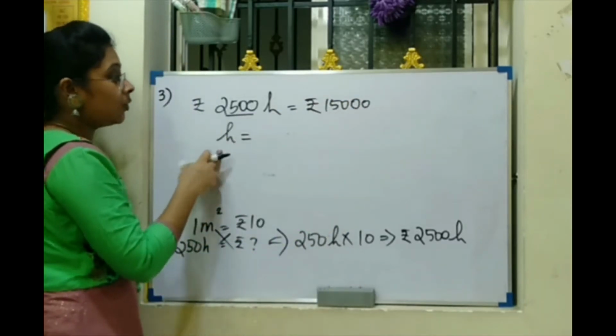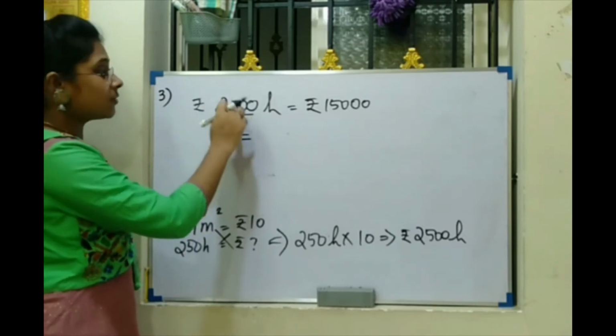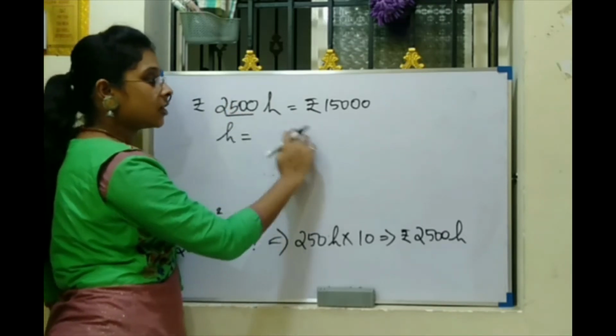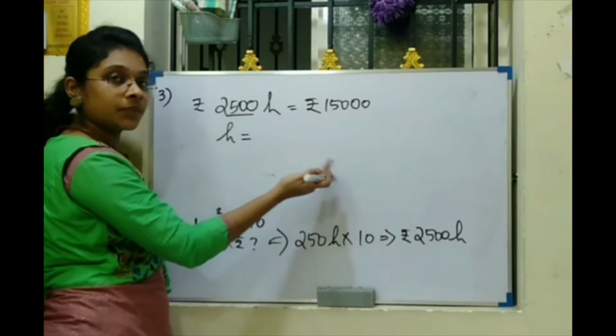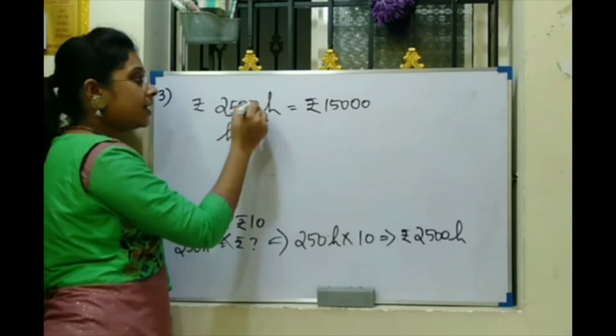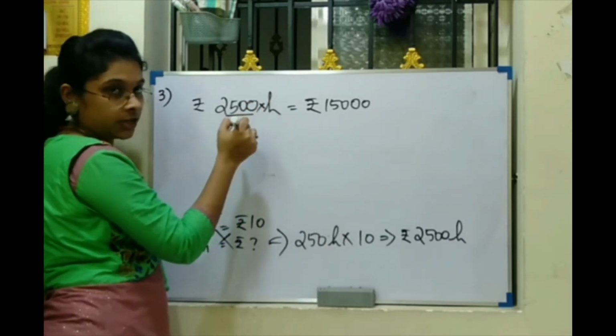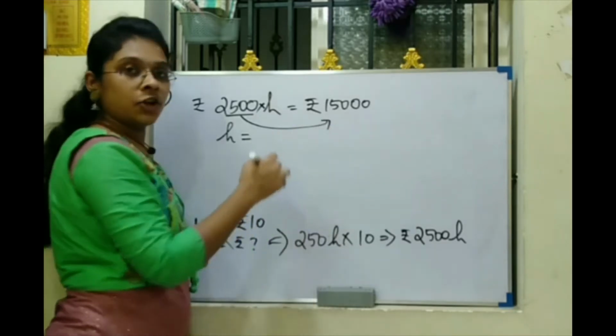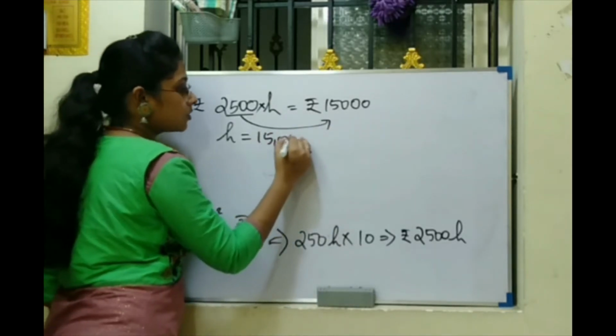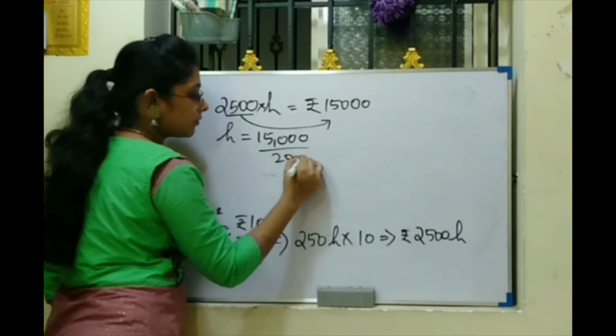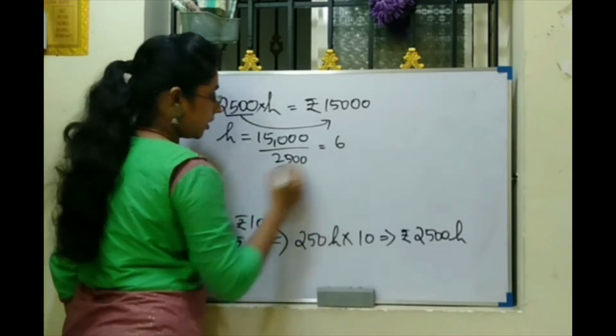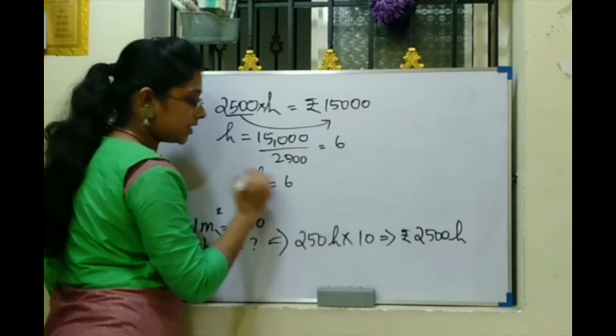Therefore, H is equal to, if the number on the LHS goes to the other side, that is RHS, how will it become? If it is in the numerator in the form of multiplication, it will go to the denominator. So, 15,000 divided by 2500, which is equal to 6. Therefore, height of the wall is 6.